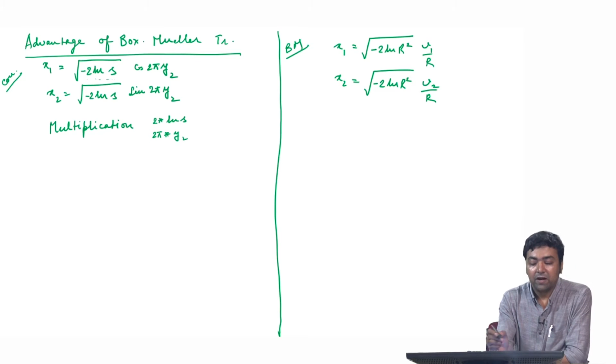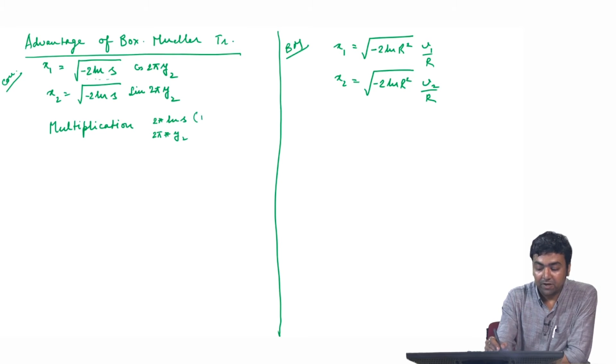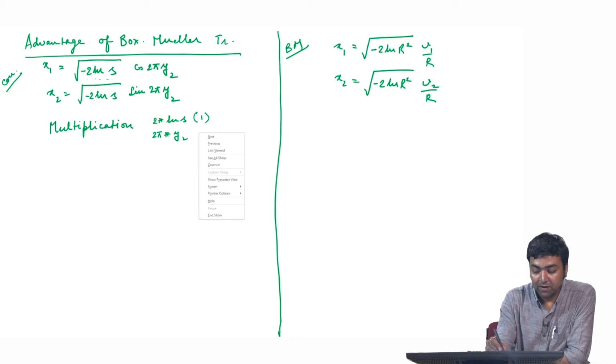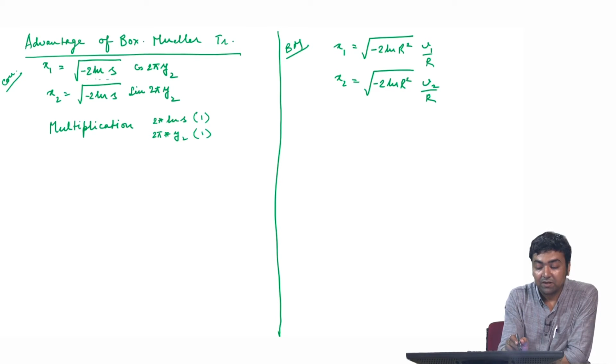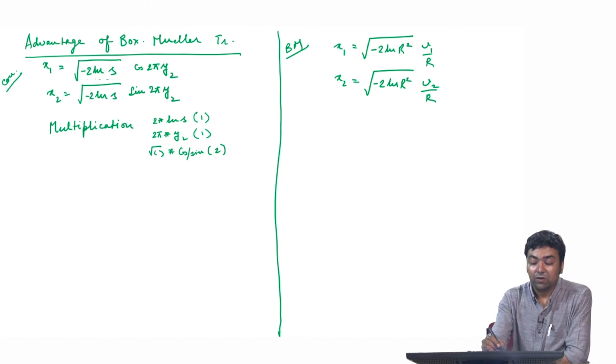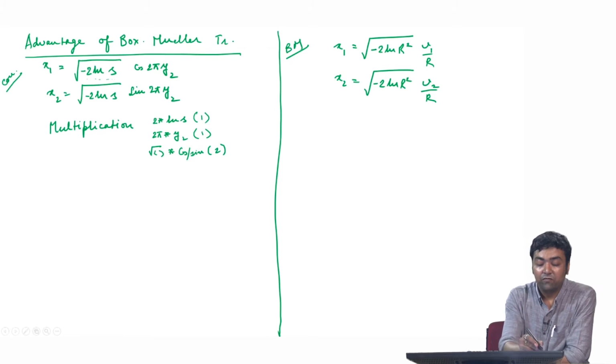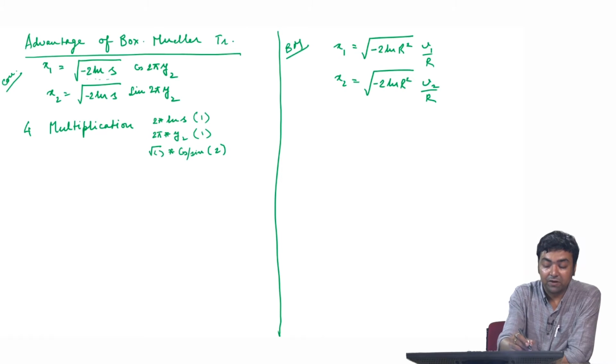This multiplication we do one time, and the other multiplication is we multiply the term under the square root with the cos or the sine term. So, these are two multiplications. In total, to generate one pair of x1 and x2, we need to do 4 multiplications. Then the next operation is the square root.